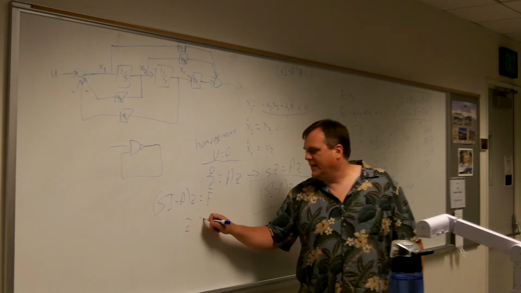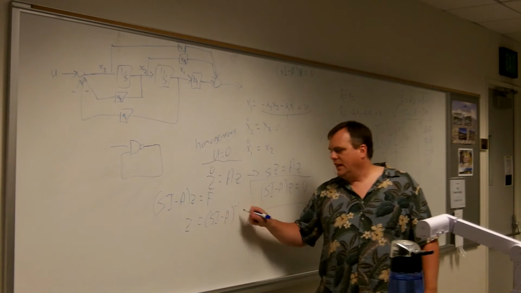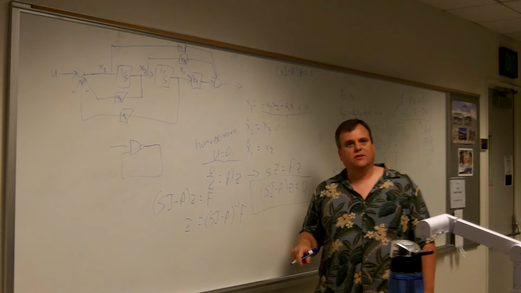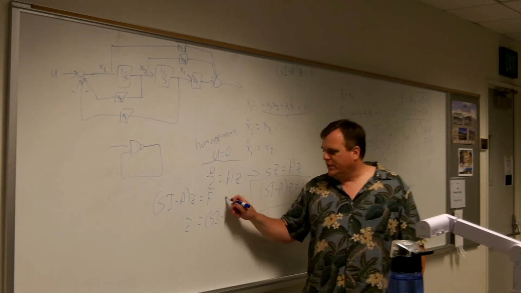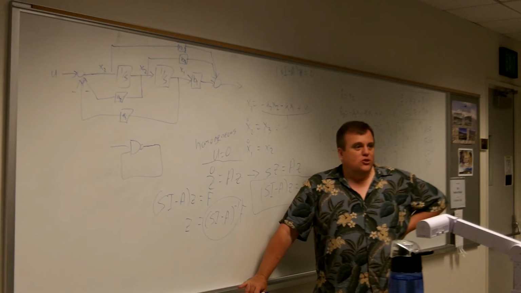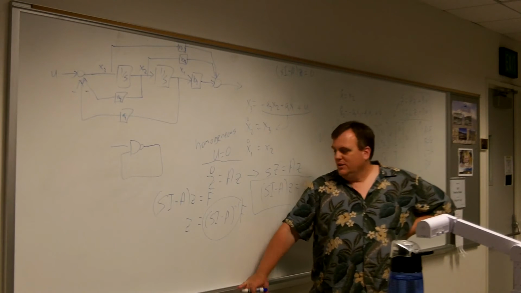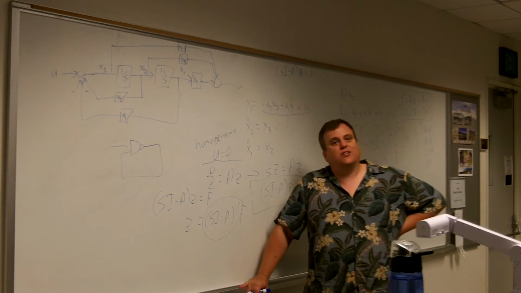Which means Z has to look like S I minus A inverse times F. Therefore, the question is, when does that go to 0? Because when S I minus A goes to 0, inverting it is like dividing by 0.